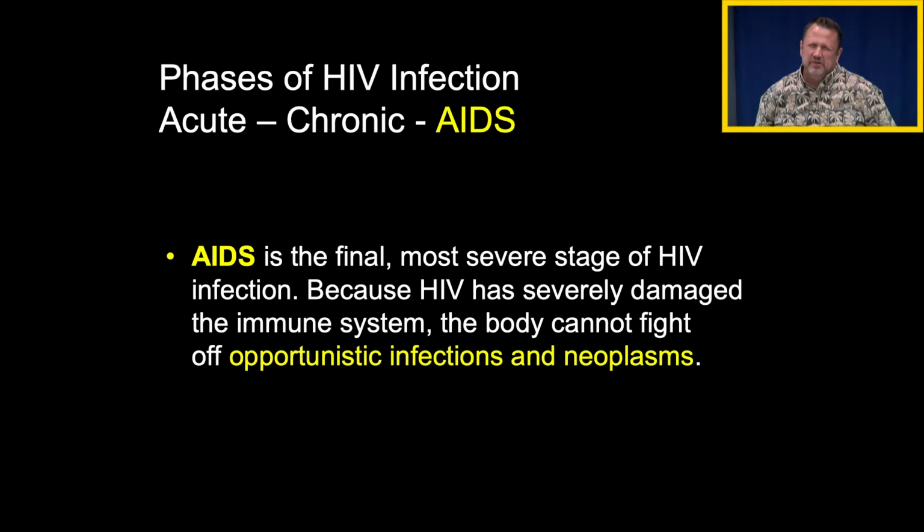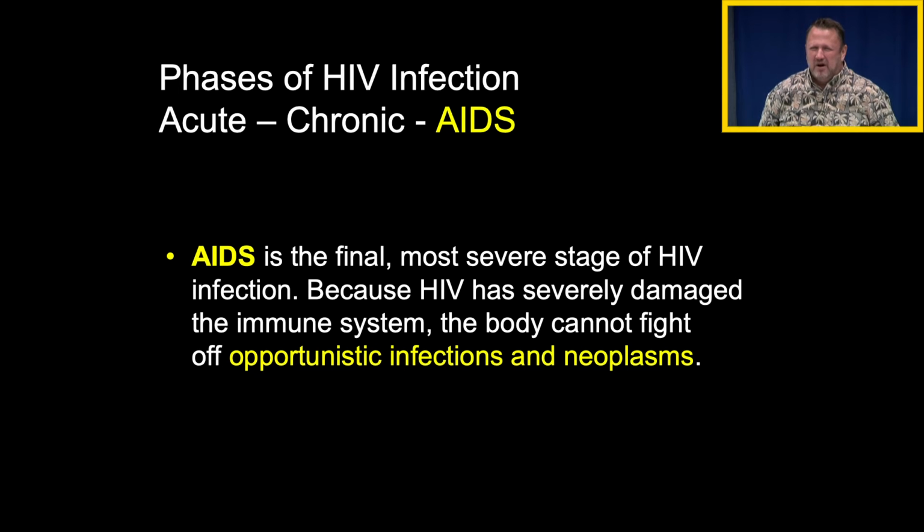All right, AIDS is the most severe and final stage of HIV. Once the person starts to become symptomatic and meet certain criteria, then they meet the definition of AIDS. And because the HIV has severely damaged the immune system, the body cannot fight off certain things called opportunistic infections.